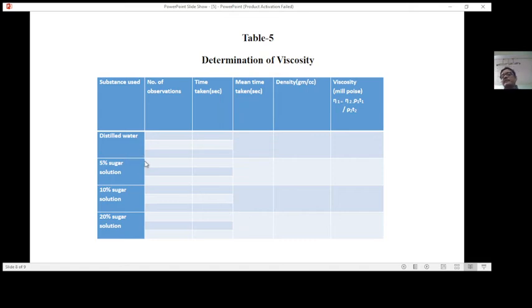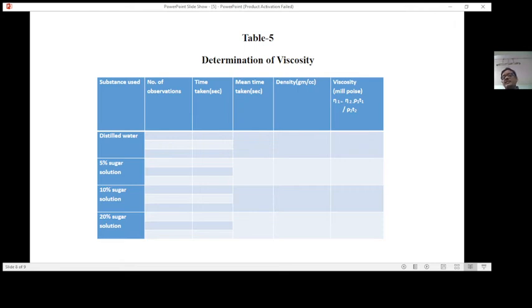Same will be done in the Ostwald viscometer. We have to take distilled water. Next is 5% solution, next is 10% solution, next is 20% solution. One thing which is not mentioned here, you have to do cleansing. Cleansing means once you have taken the distilled water, the Ostwald viscometer will be full of water.